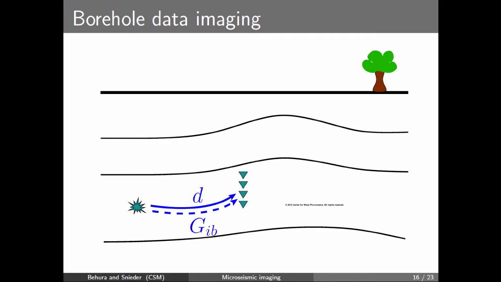And to use interferometry, we need to do one step before that, and that is to compute these Green's functions represented in red.